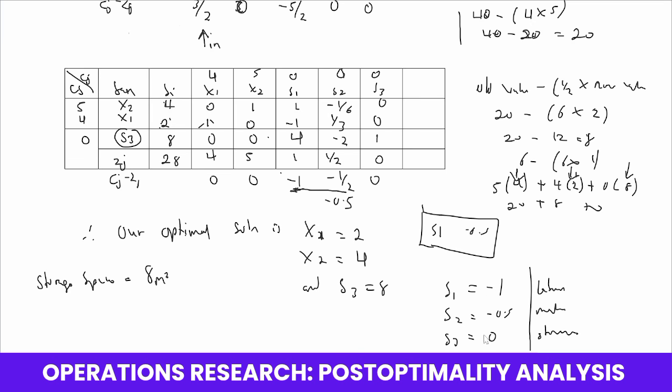So this implies that there is no marginal value for S3. This is because S3 is in the basis with a value of 8, which implies that we still have 8 meters squared of space left unused. So therefore storage is not a binding constraint. We still have it in excess, so there is no value for it on a marginal basis.